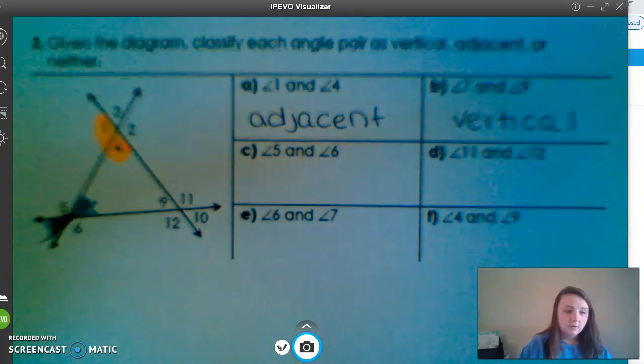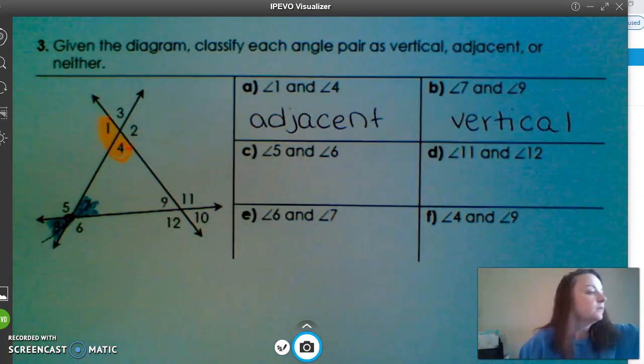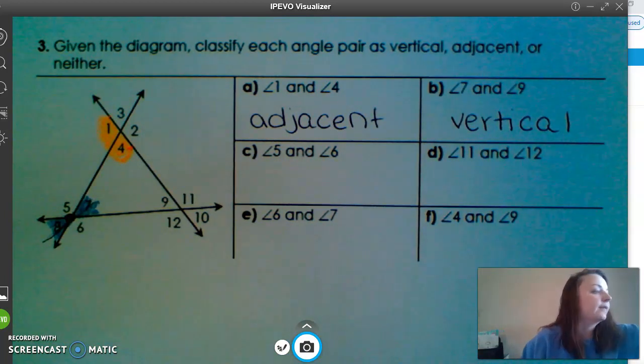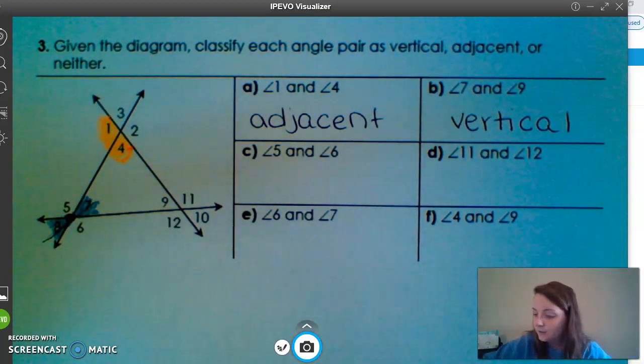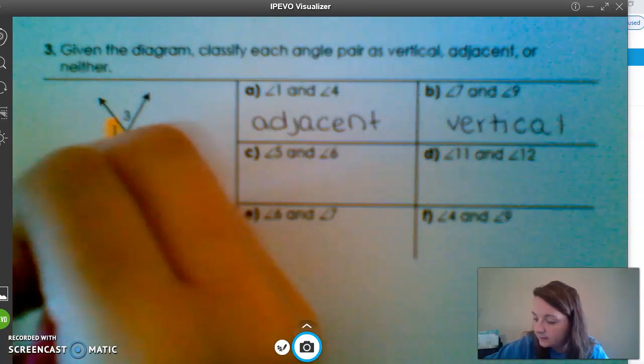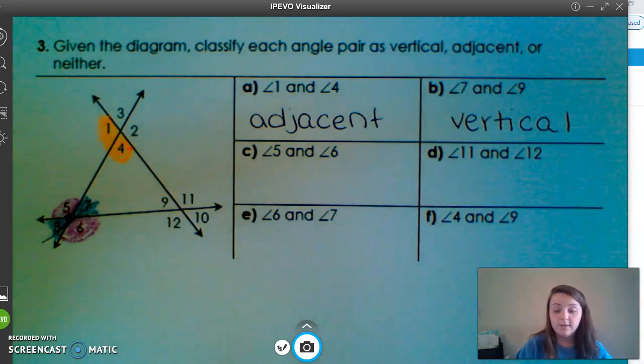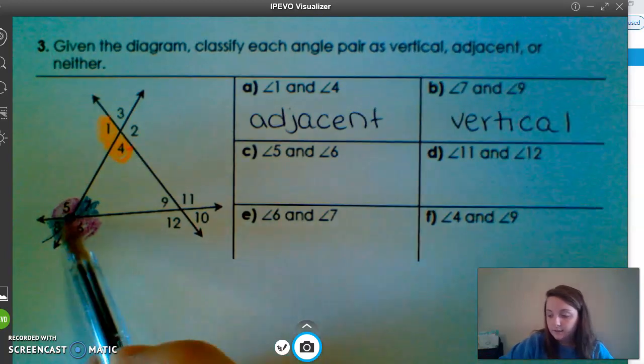C says angle 5 and angle 6. Let me get a new color. Sorry, guys. Angle 5 and angle 6. So they are not next to each other, so they're not adjacent. Let's see if they're directly across from a vertex. Here's the vertex.